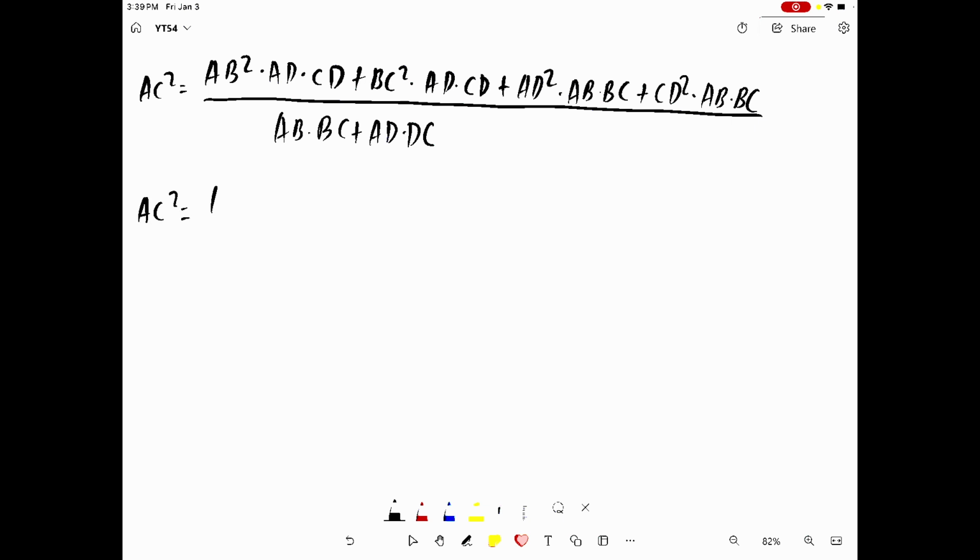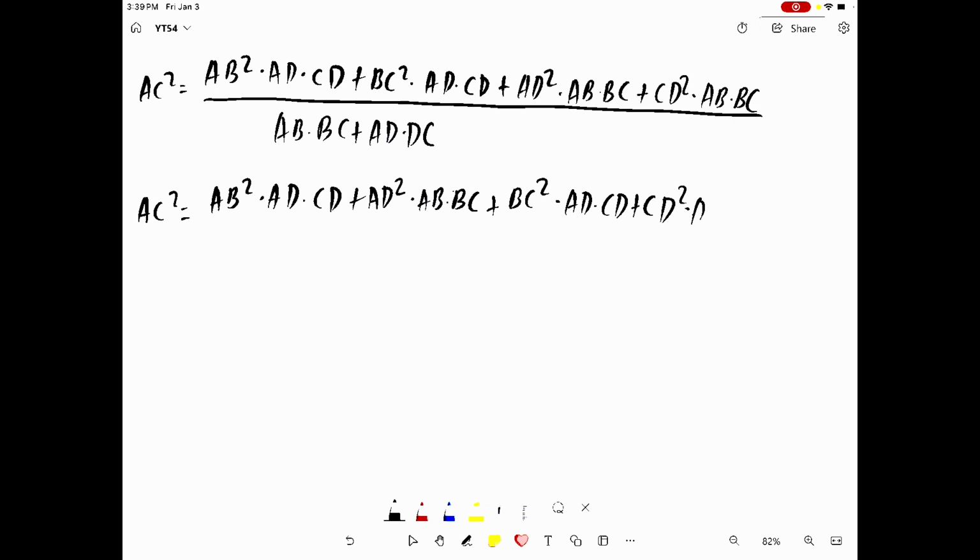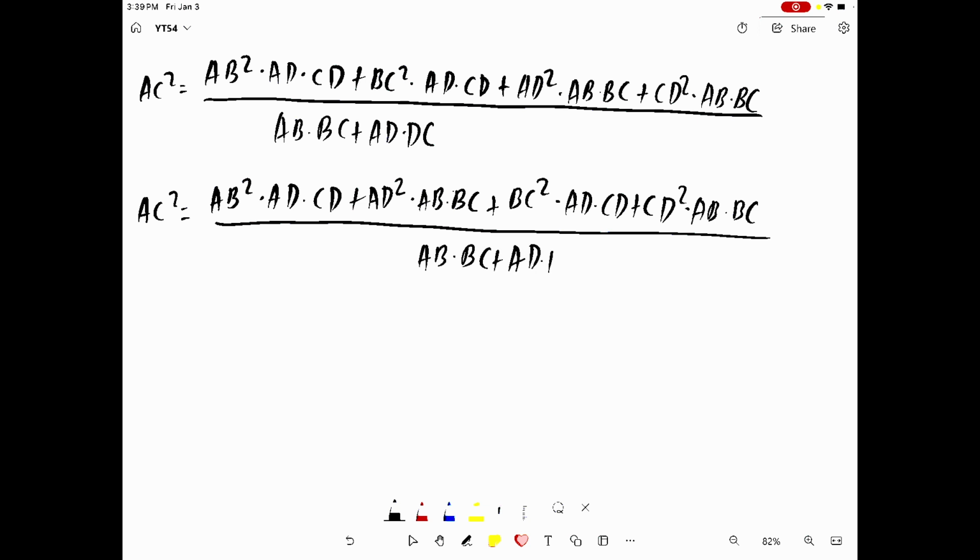AC squared is equal to AB squared times AD times CD plus AD squared times AB times BC plus BC squared times AD times CD plus CD squared times AB times BC, and all of that, again, divided by AB times BC plus AD times DC.